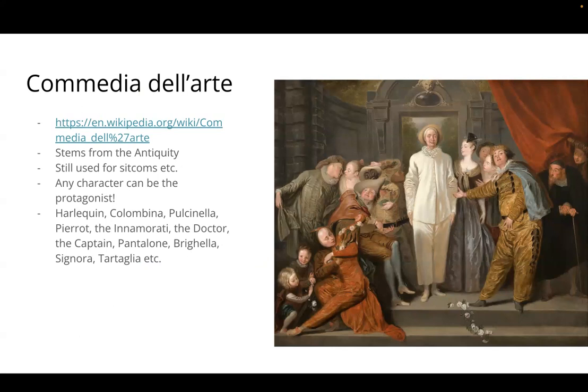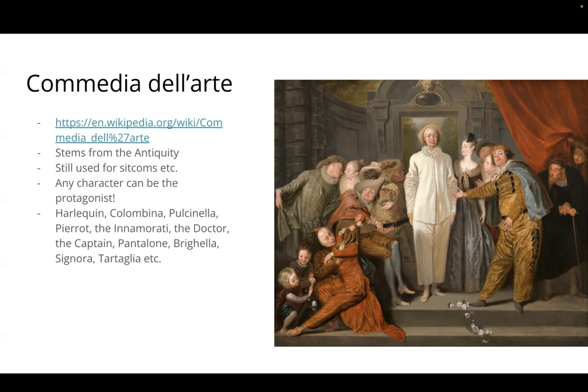And it's still used for sitcoms, for instance, but it has to be used wisely, of course, because if you compare these character types with the older ones in the Roman plays, for instance, then you notice that many of them are pretty old-fashioned, but there can be some interesting stuff there as well.